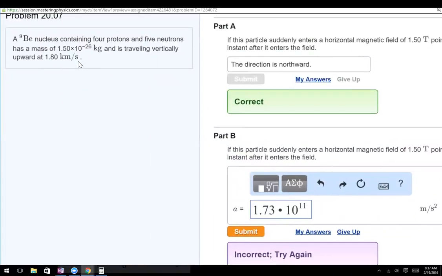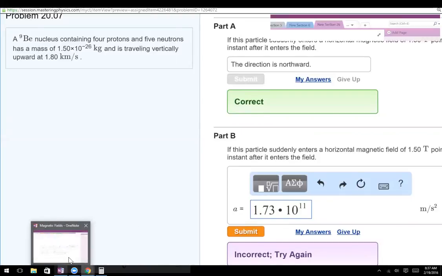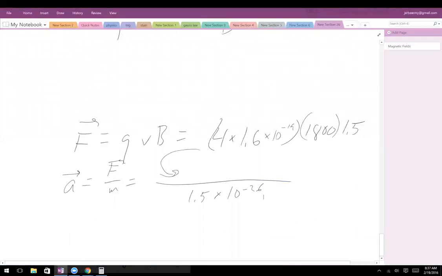So that means kilometers per second. Mass, 4 protons and 5 neutrons. So that is the charge with 4 protons. Mass is 1.8.